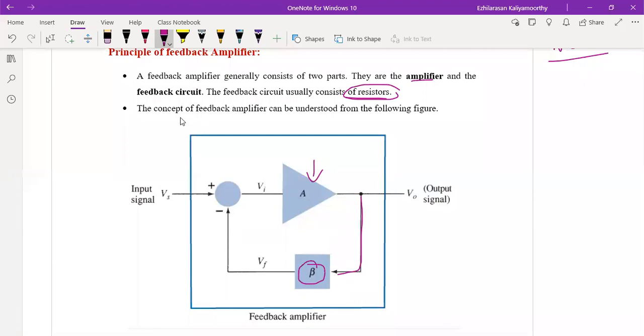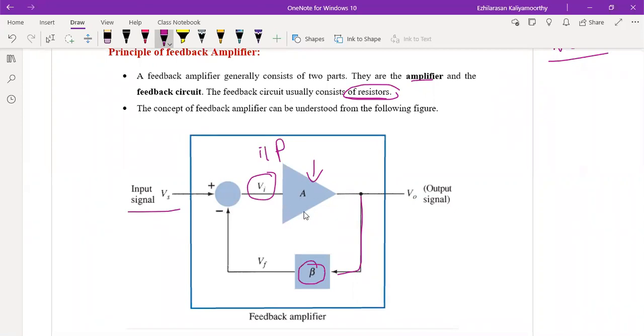Now the concept of the feedback amplifier can be understood from the following figure. The input signal is Vs, that is the signal source. Here there is a summer, with plus and minus. Vin is the input voltage.